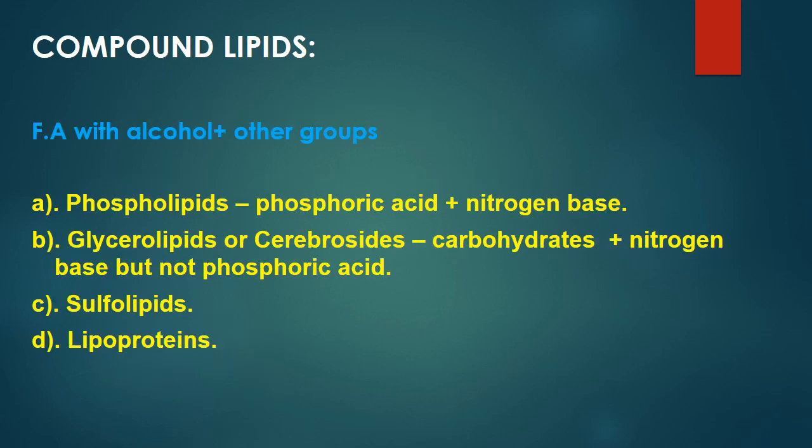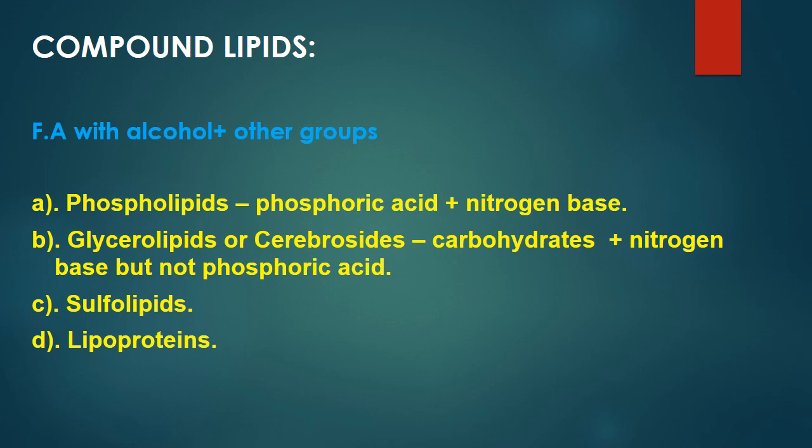Another category of lipids is compound lipids, where the fatty acid with alcohol ester is there plus some other groups. Then it is called compound lipids. For example, phospholipids, where phosphoric acid makes the ester with the alcohol plus it has an additional nitrogen base.